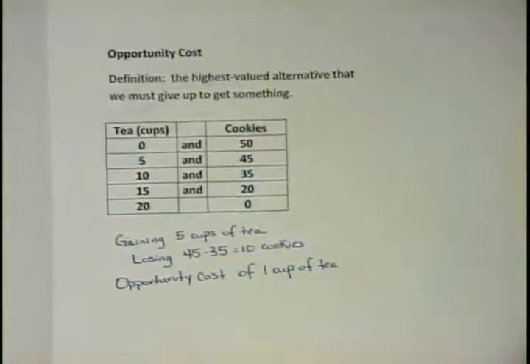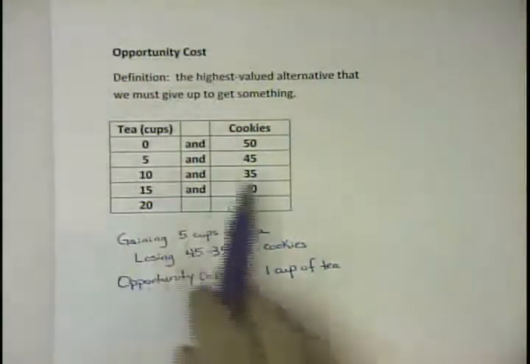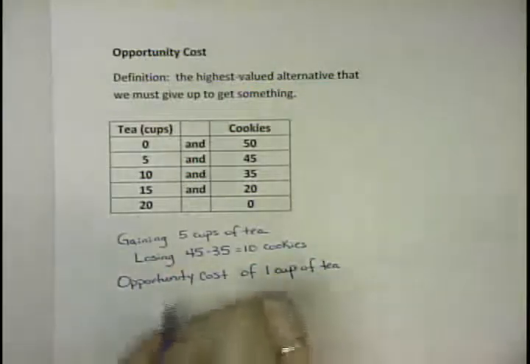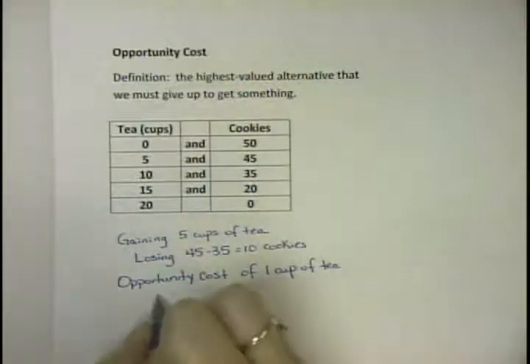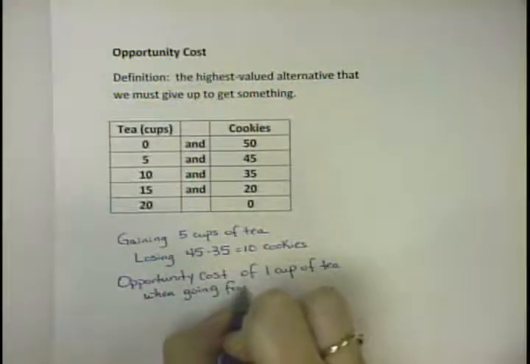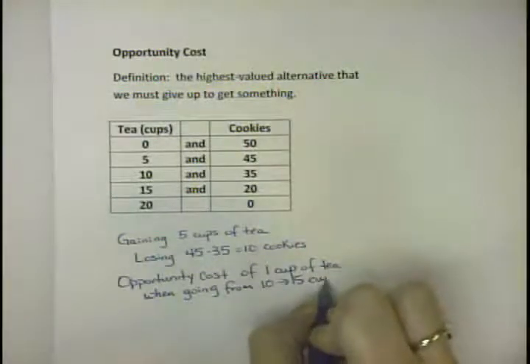So the opportunity cost is going to change depending on where we are looking at on our table. So let's say we're going from 10 cups of tea to 15 cups of tea. So we'll say the opportunity cost of 1 cup of tea when going from 10 cups of tea to 15 cups of tea.